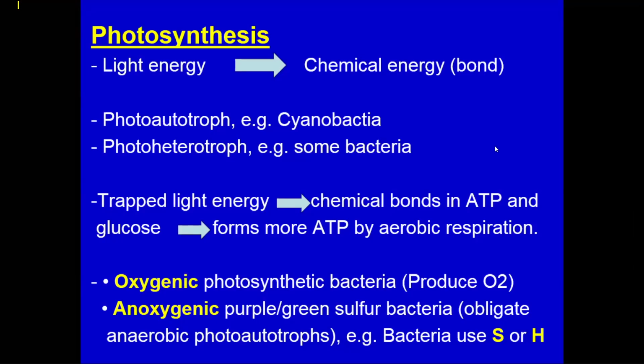Some bacteria are oxygenic, photosynthetic bacteria, oxygenic, produce oxygen. Anoxygenic bacteria, these are purple, green, sulfur bacteria. These are obligate anaerobic, photo light, auto CO2, photoautotrophs, and these bacteria use sulfur and hydrogen.